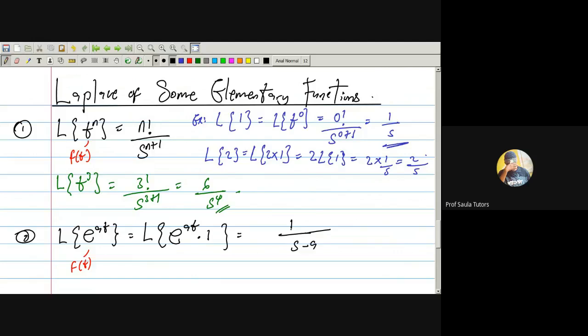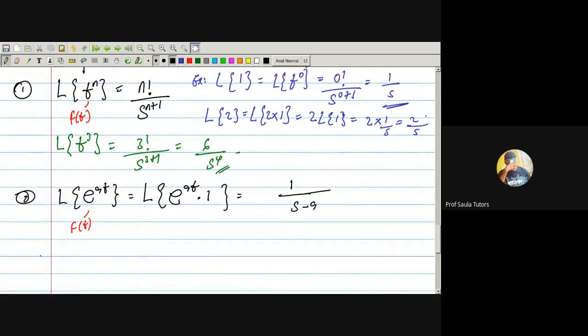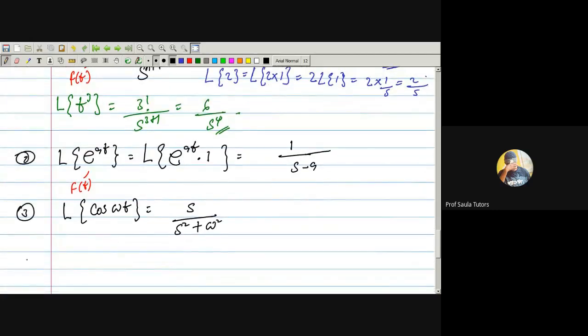Now look at this one. Next is number 3. You want to find the Laplace transform of cos omega t. How do we do it? The formula is s over s squared plus omega squared. Let me write the one for sine, and I will tell you how to remember them.